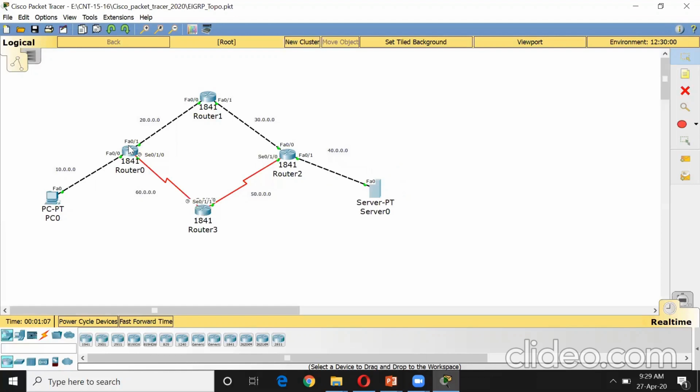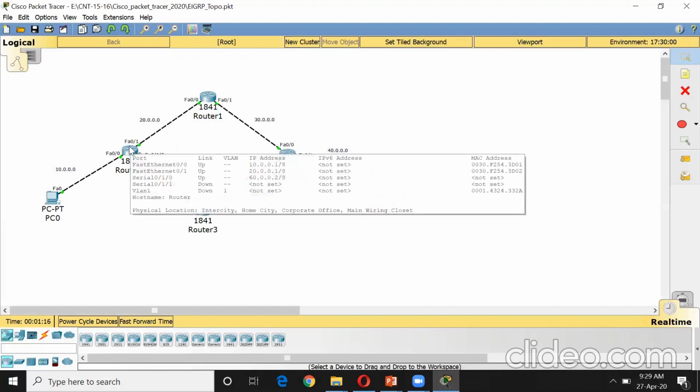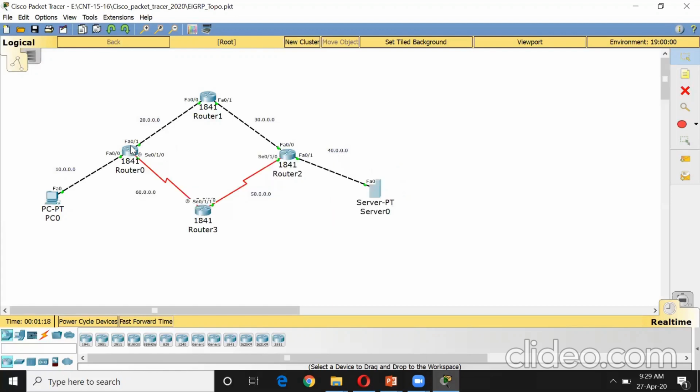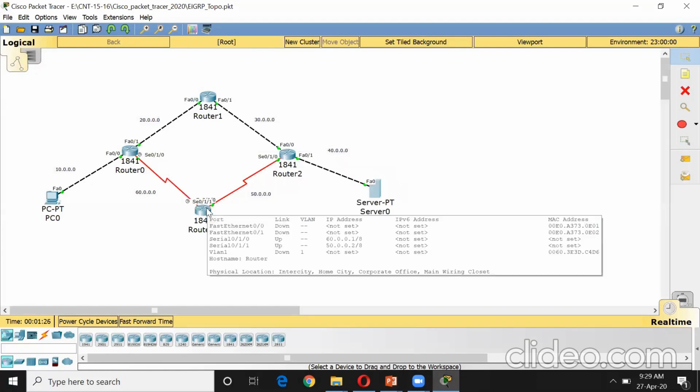So just put the cursor on the router and check where the IP addresses are given. So IP addresses are already assigned to those interfaces, you can observe here, right? So only EIGRP configuration is remaining.